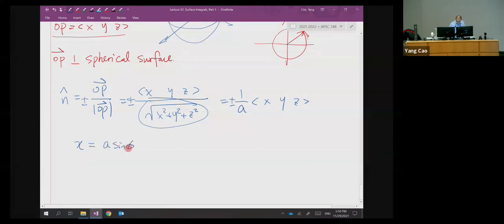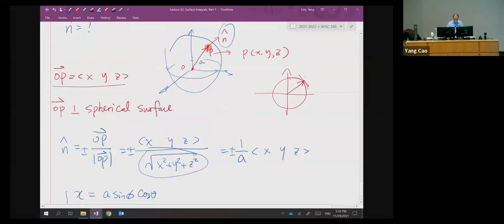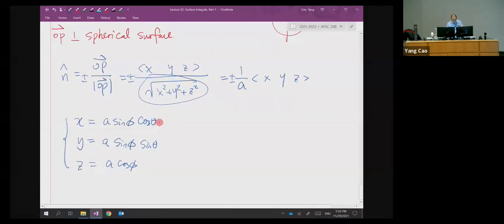So x is a sine phi cosine theta, y equals a sine phi sine theta, and z equals a cosine phi. So any coordinates x, y, z of a point P on the surface of the sphere are related to the spherical coordinates theta and phi through these three relationships.